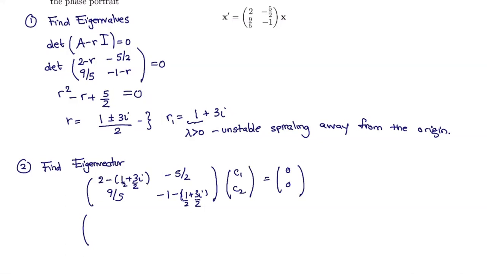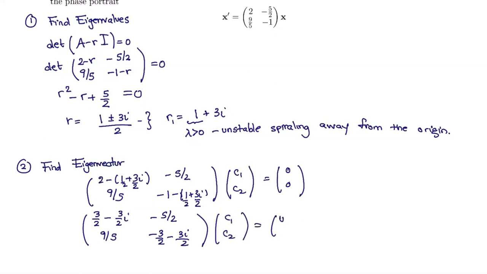So after we simplify this, we end up with 3 over 2 minus 3 over 2i, minus 5 over 2, 9/5, and minus 3 over 2 minus 3i over 2, times c1, c2 is equal to 0, 0. Just pick one of the rows because that's how this works. Let's do the first one. We'll get 3 over 2 minus 3 over 2i times c1 minus 5 over 2 c2 is equal to 0.